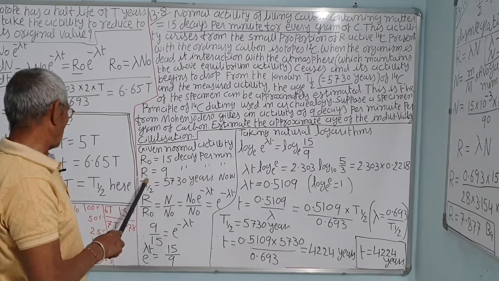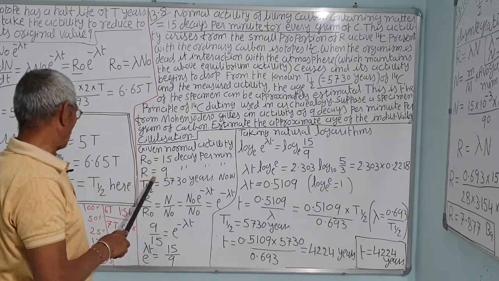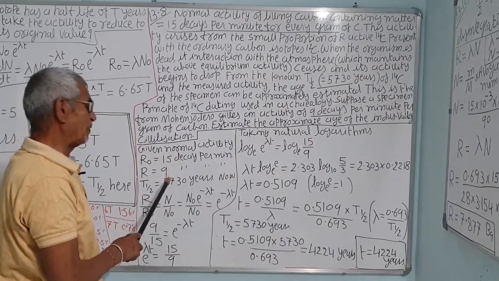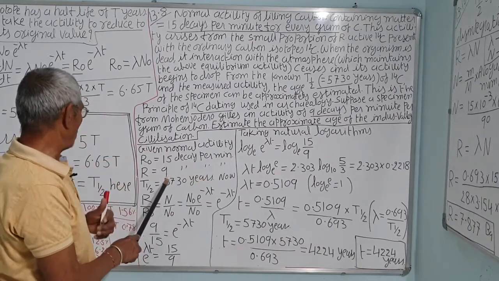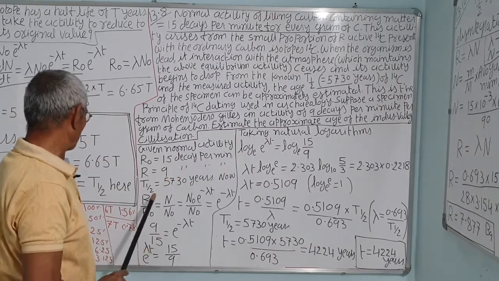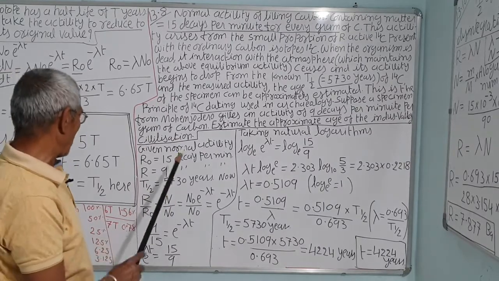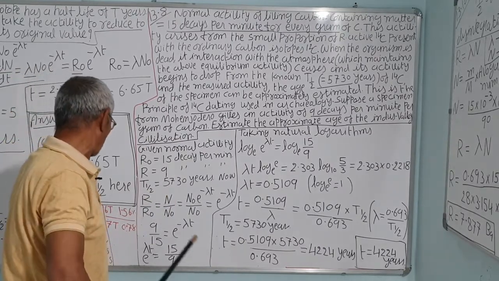When the specimen was found, its activity is 9 decays per minute per gram. The half-life of carbon-14 is also given, 5,730 years.